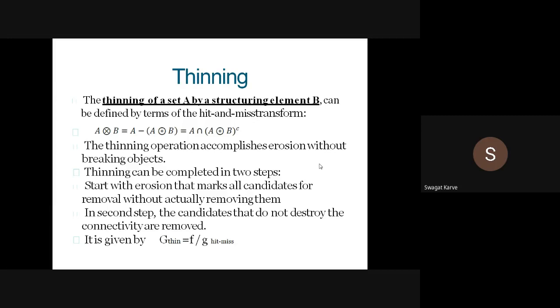That means first you perform the erosion operation, which will mark the border. Then in the second step, you have to remove the objects in that border, the objects or shapes that do not destroy the connectivity.